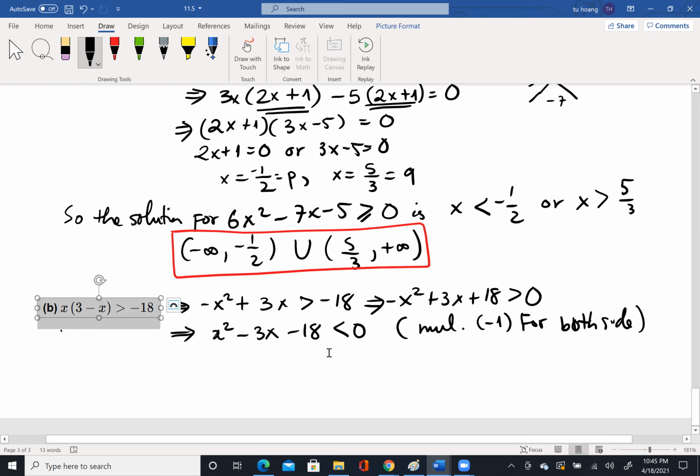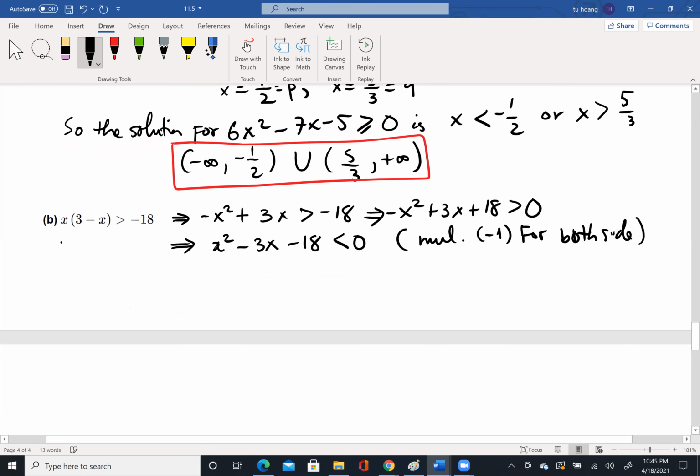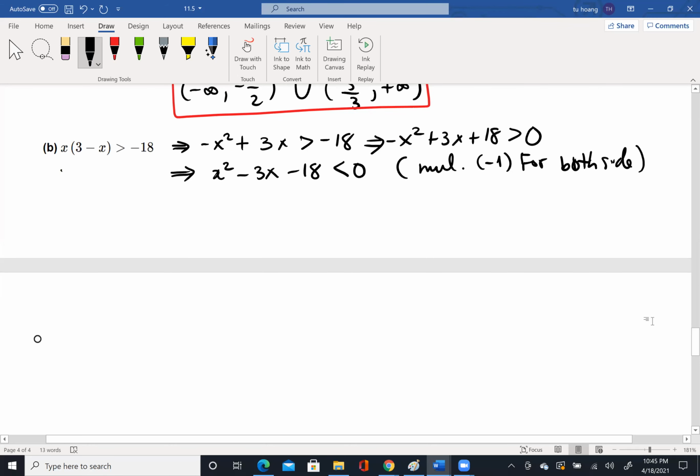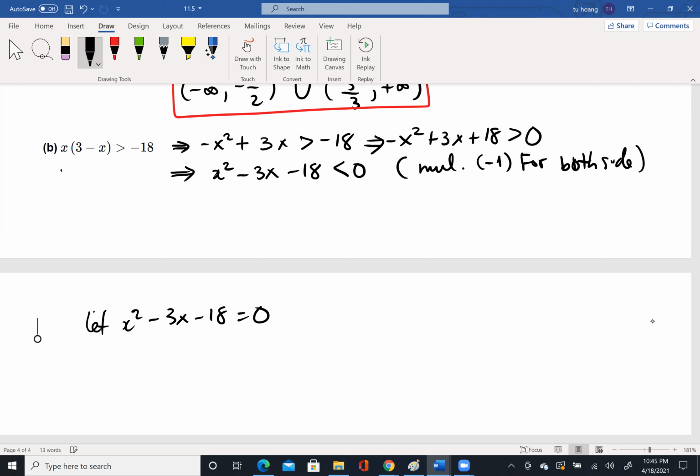So what you do is you have to solve. Normally, set x squared minus 3x minus 18 equals 0, and then I will solve for this one.